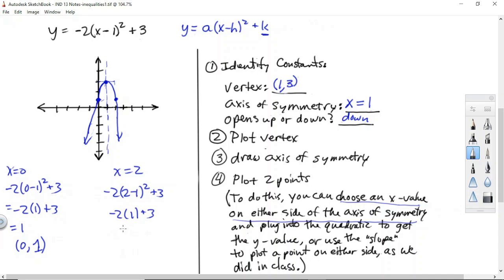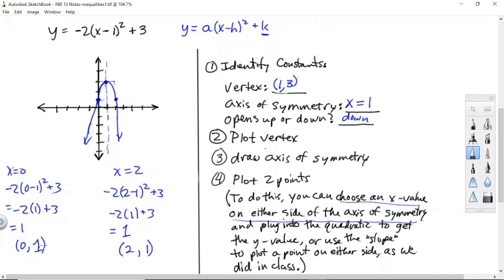And that's -2 plus 3 is 1. So that also gives us 1 for y, and this time the x value we plugged in was 2. So we have the point 2 comma 1.